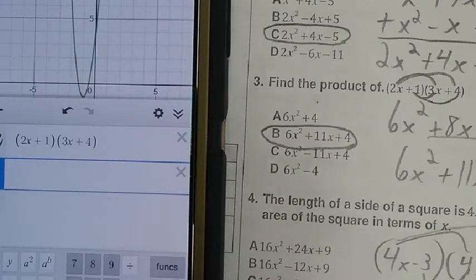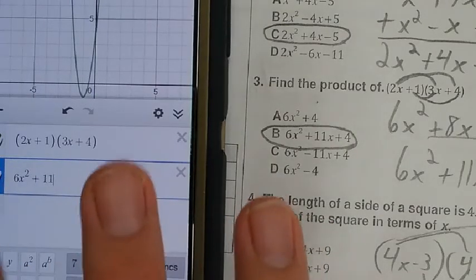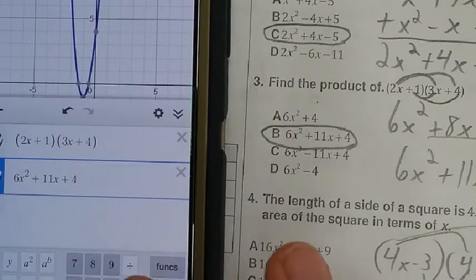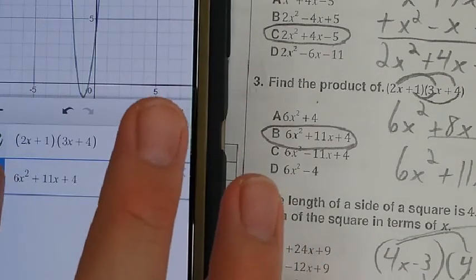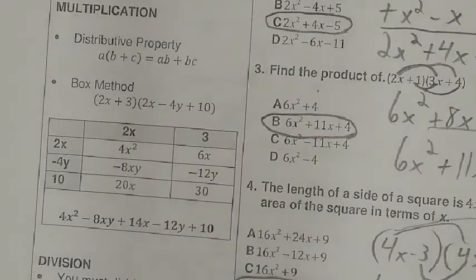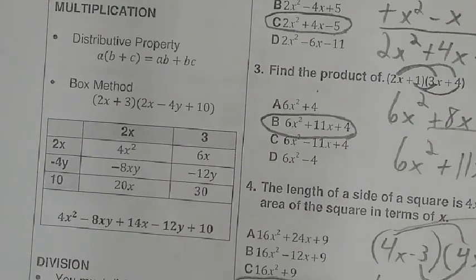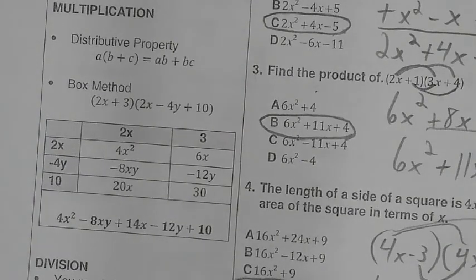And then we'll type in B. So 6x squared plus 11x plus 4. And then you turn off the purple, and you can see they make the same line, or the same graph. Isn't that cool? Yes, no? Okay. All right. So now y'all just do the next 4 pages.